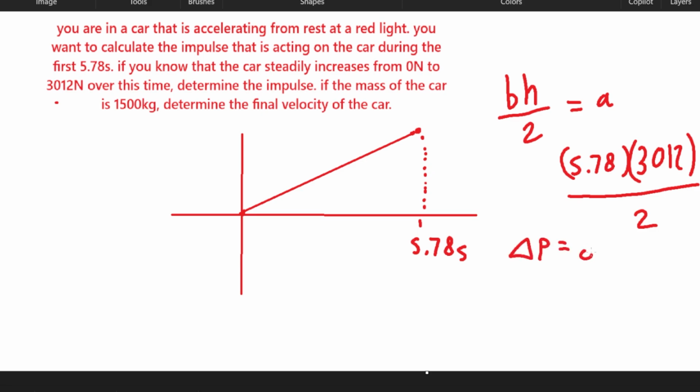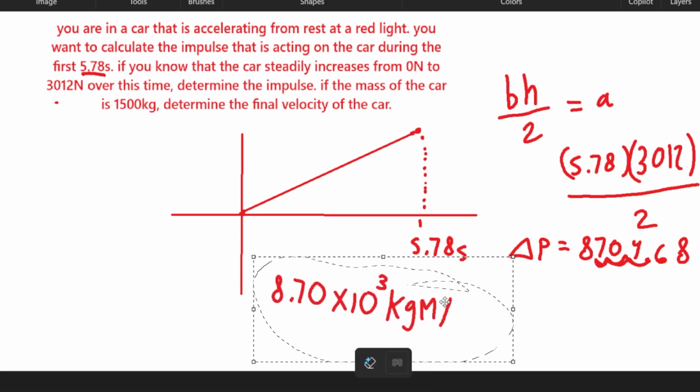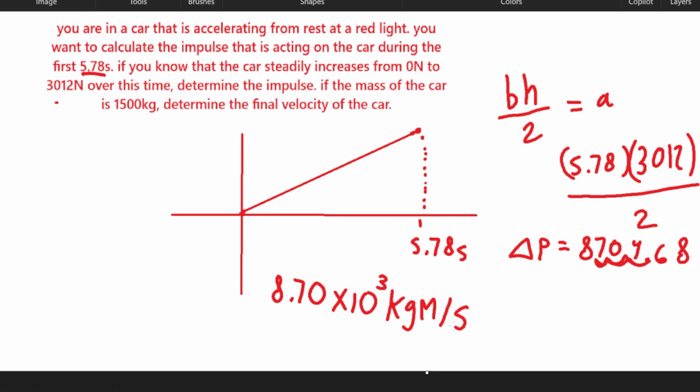This gives us an impulse of 8,704.68, and because we need it in 3 significant figures, we can just round: 8.70 times 10 to the power of 3 kg·m per second.